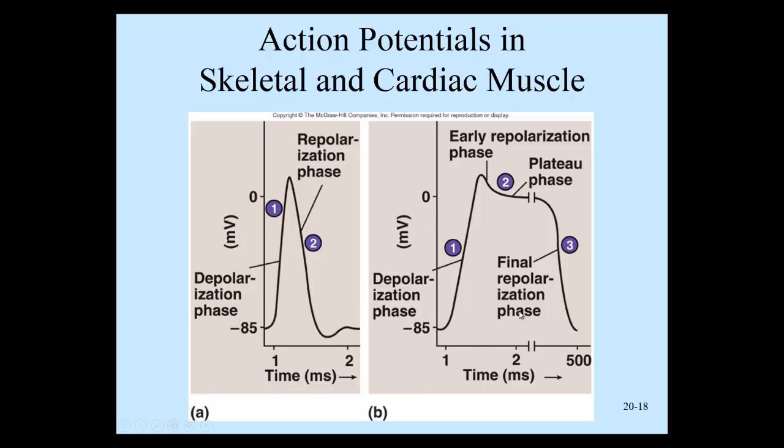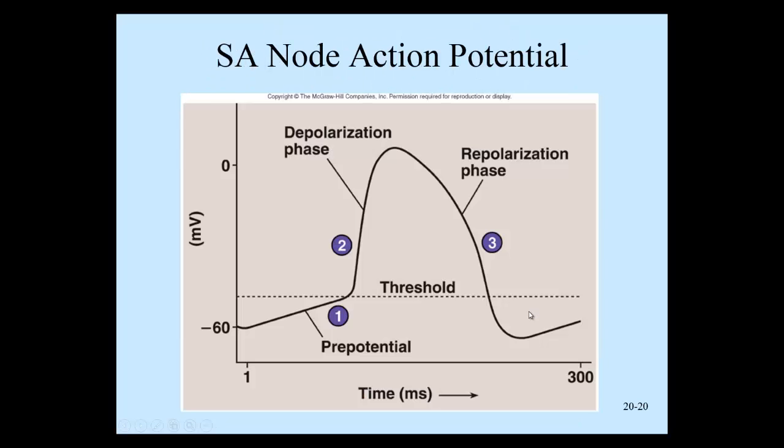And that allows time for these action potentials to reach the different parts of the conduction pathway. We see this allows time for the ventricles to fill between contractions. So it's important to recognize that we have refractory periods to allow time between heartbeats for those ventricles to fill, because if we had rapid action potentials, we would have a rapid heartbeat and not enough time for those ventricles to fill completely with blood.